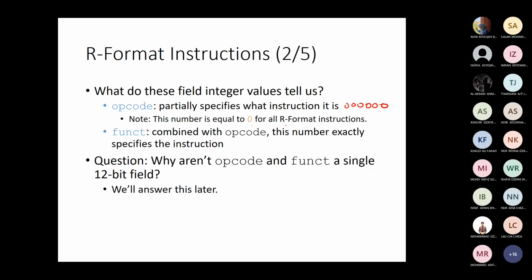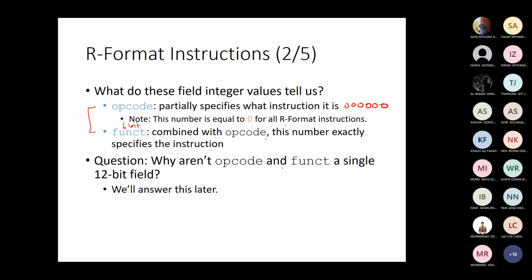And then the function combines with the opcode. Function is 6 bit, so this number exactly specifies the instruction. So the function field has its own value to indicate that this is an R format.